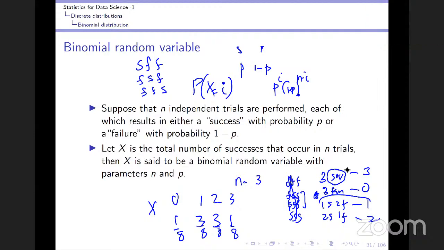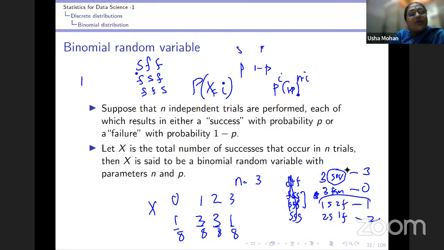Now, these i successes, how many outcomes can this happen in? How many ways can i successes be arranged in n total outcomes? I have only success and failure. How many ways can i successes be arranged? n choose i.